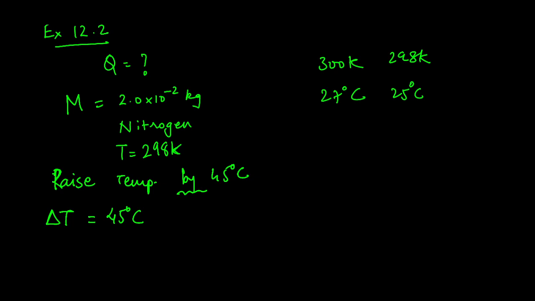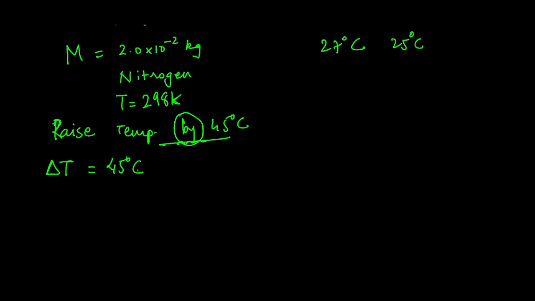Not the final temperature, it is the change in temperature, delta T, raise by 45 degrees Celsius. See the difference: it is not 'raise to', it is 'raise by'. So delta T is 45. Convert to Kelvin. Convert to Kelvin please.